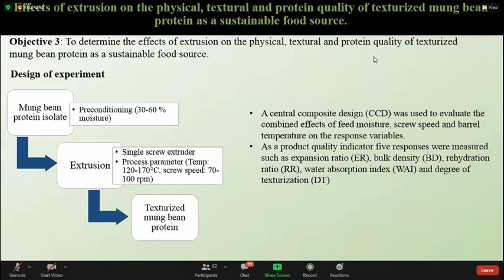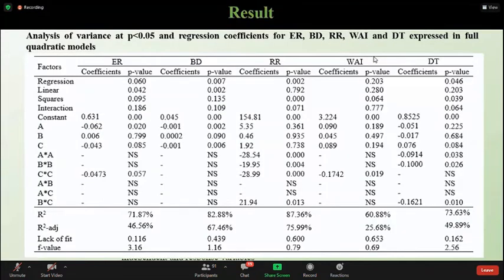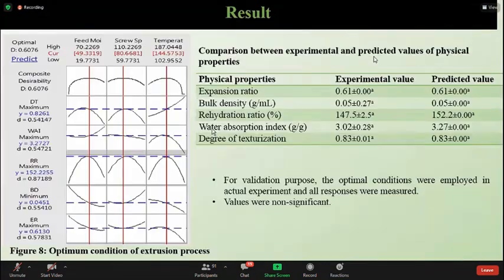But with this equipment, we try to produce mung bean protein using RSM, and these are the results of the RSM. Then we look at expansion ratio, bulk density, rehydration ratio, water absorption index, as well as degree of texturization.